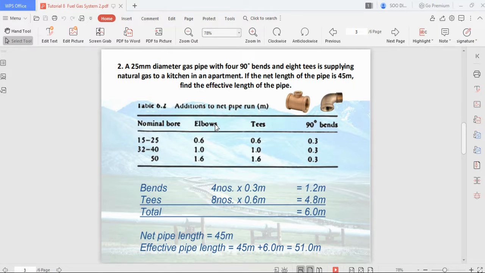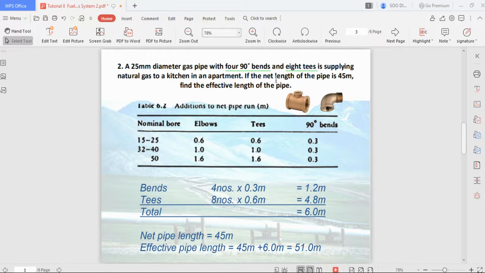Okay, so this is your calculation question. For question number 2, you have a 25 mm diameter gas pipe with 4 90-degree bends and 8 tees supplying natural gas to the kitchen in an apartment.